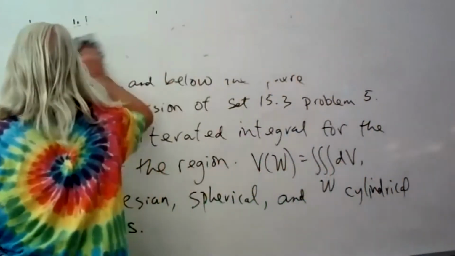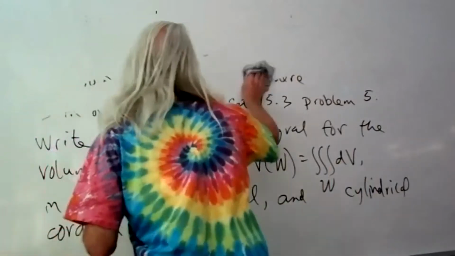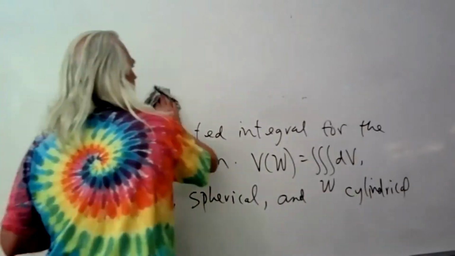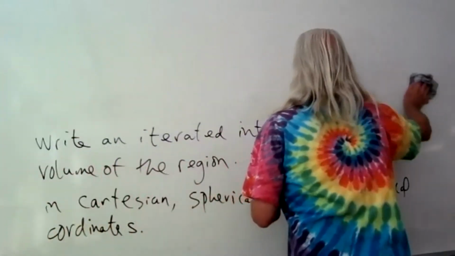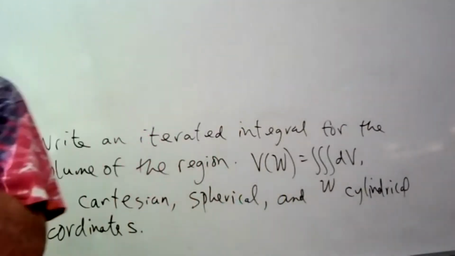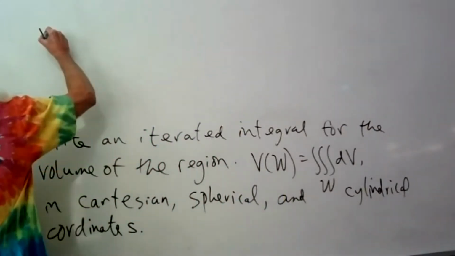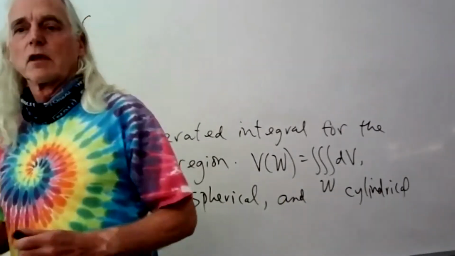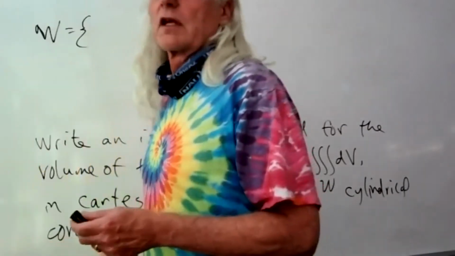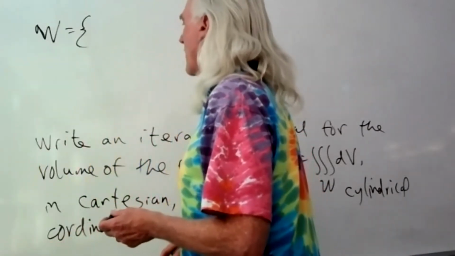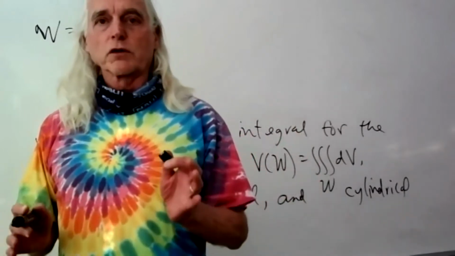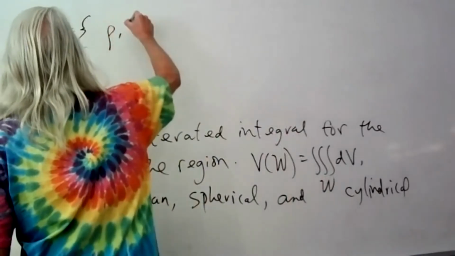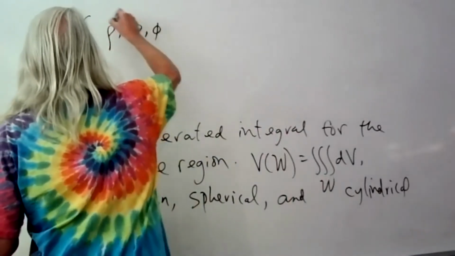All right, so let's remind ourselves that what we've got to do is write that region in various ways. Actually, it's a little script W. Let's start here with spherical coordinates, because that's really the best. So let's do rho, theta, phi.